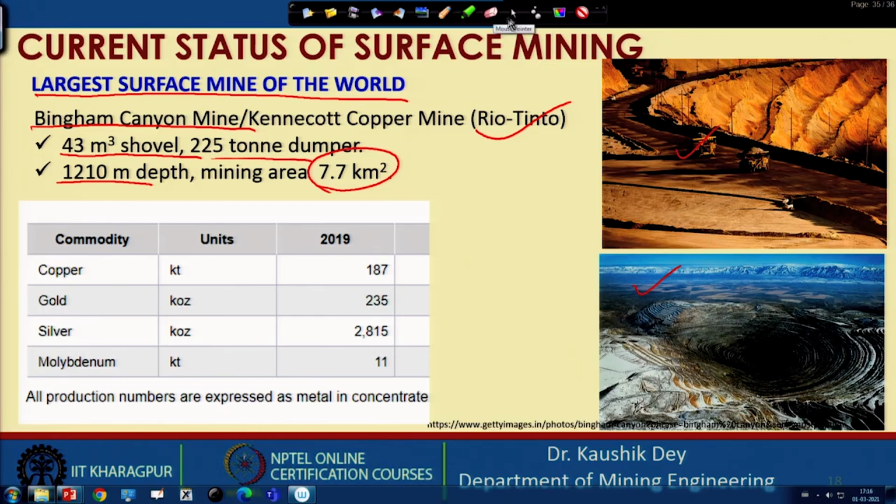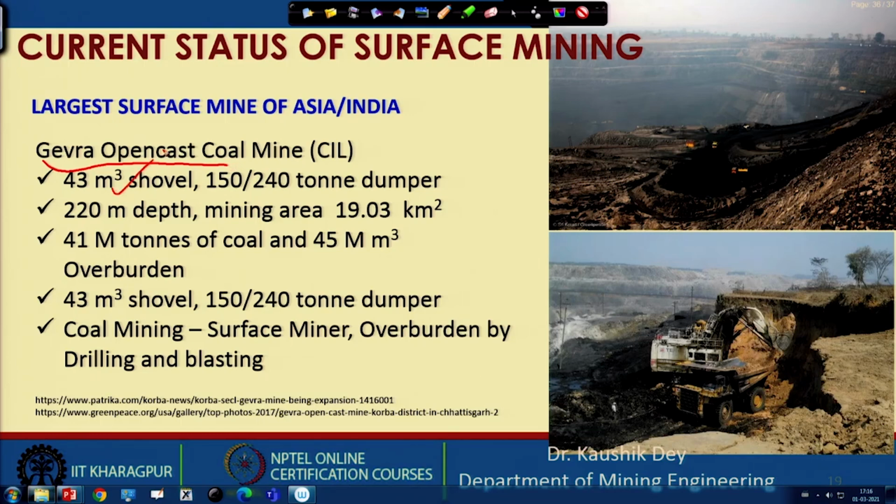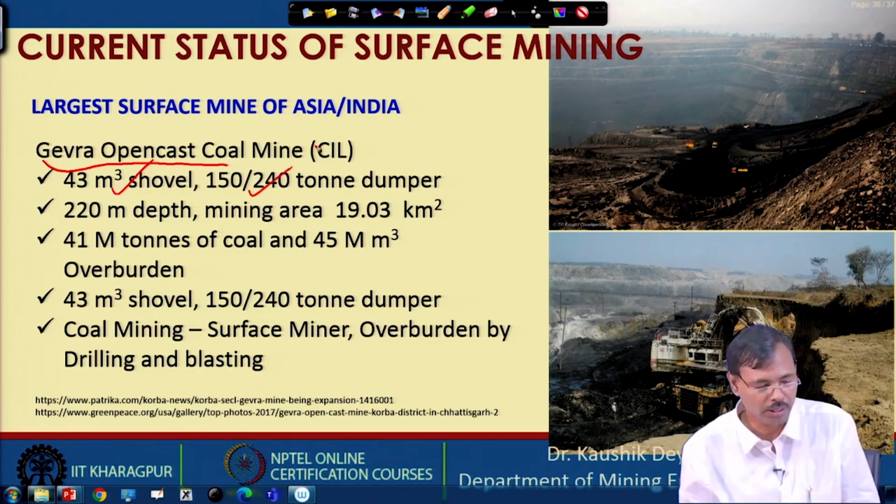This is the deepest mine of the world, the deepest surface mine of the world. If you consider the Indian context, then Gevra is the largest mine. Gevra is the largest open cast coal mine, which is also working with a 43 cubic meter shovel and a 150 tonner dumper.